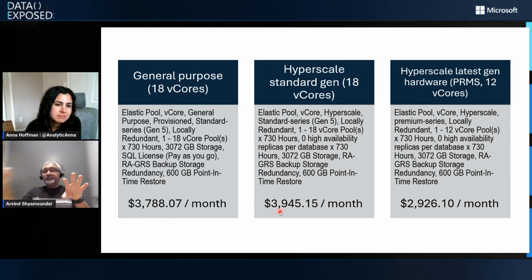The as-is migration, if you just migrate everything to use hyperscale elastic pools, it's going to cost you slightly more. And again, your mileage may vary because there could be added costs for things like long-term retention backups. But then if you could optimize that setup by right sizing the compute and by leveraging newer hardware, you may very well be able to save even further.